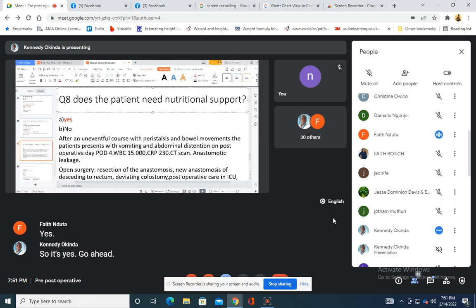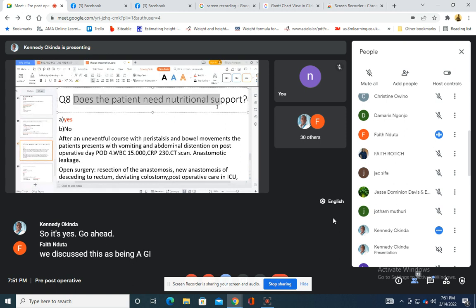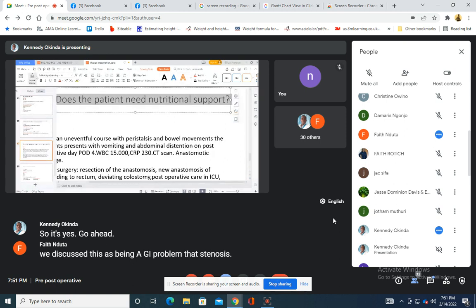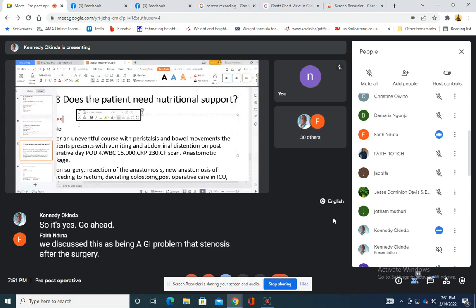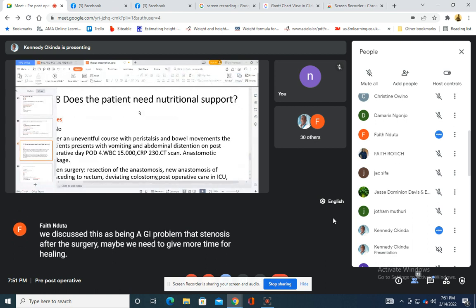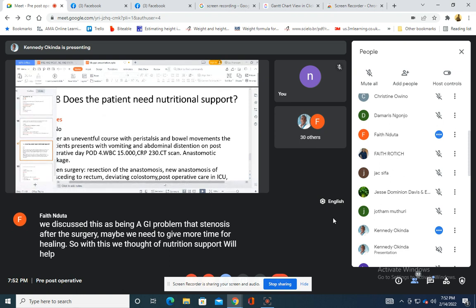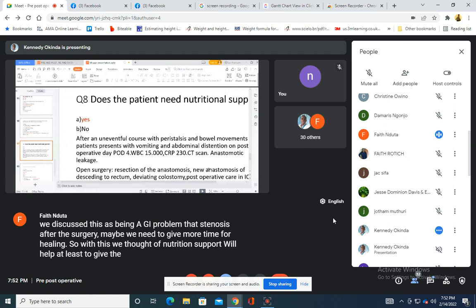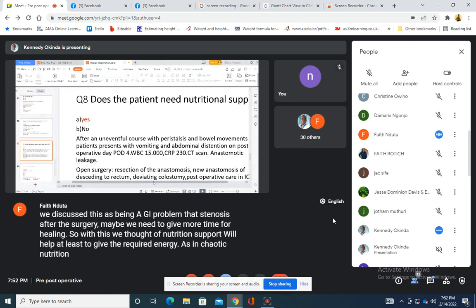We discussed it as being a GI problem, that stenosis. After the surgery, maybe we'll need to give more time for healing. So we thought nutrition support will help at least to give the required energy, as in caloric, energy dense food.